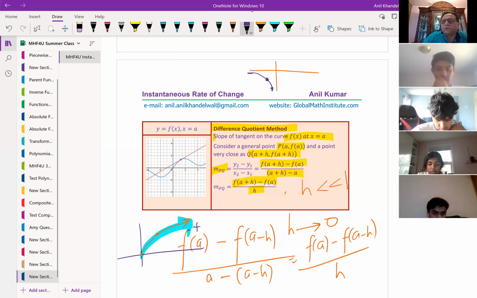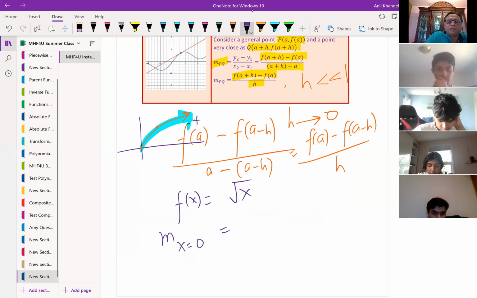If I have a square root function, let's talk about this. Let us say we have f of x is equal to square root of x. Is that okay? So what is the slope of the tangent at x equals to 0? And there is another statement, x equals to 0 plus. Let's answer these two questions.